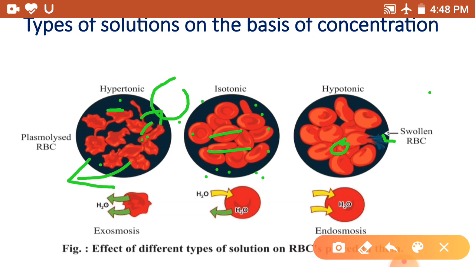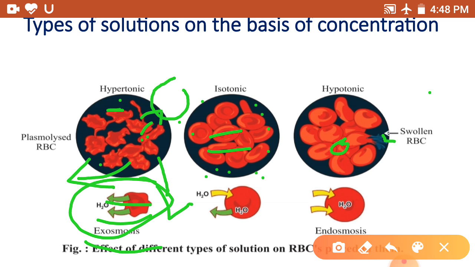Here you can also understand exoosmosis and endoosmosis. This represents exoosmosis because here the solvent moves from lower concentration to higher concentration, so both come outside, that's why it's exoosmosis.